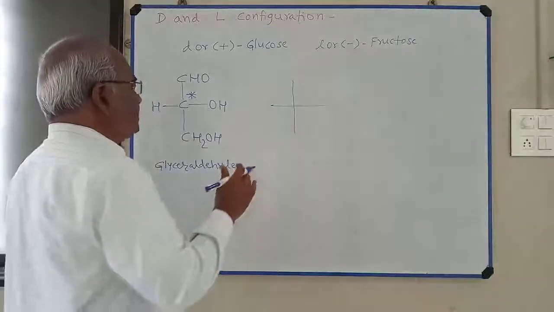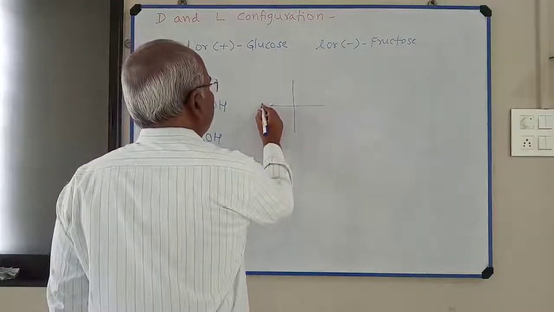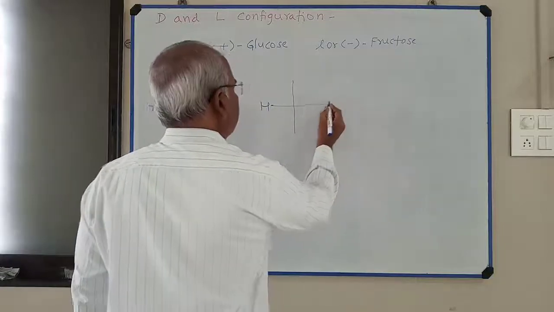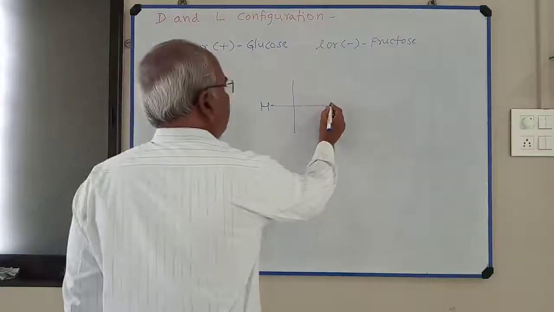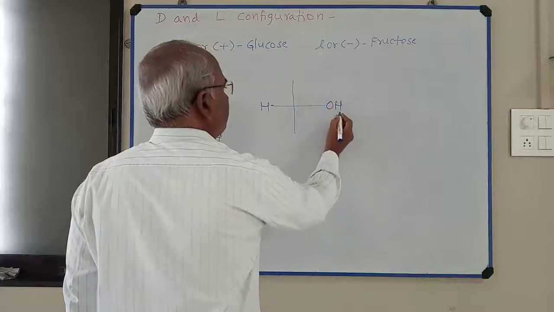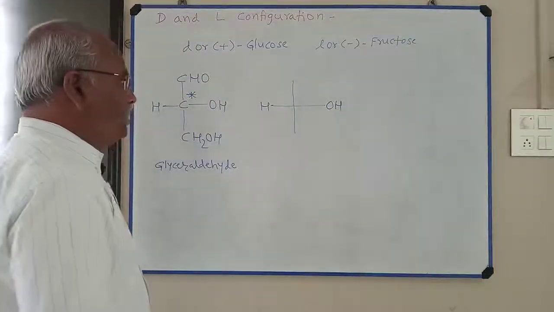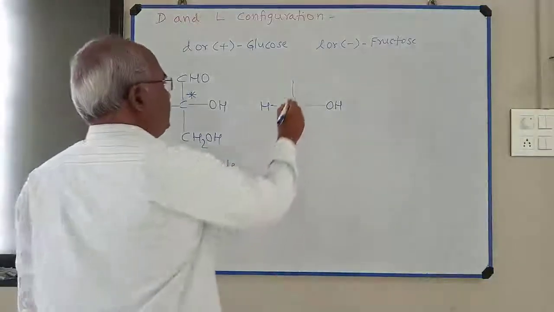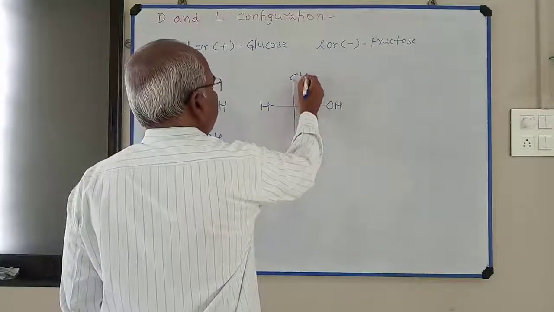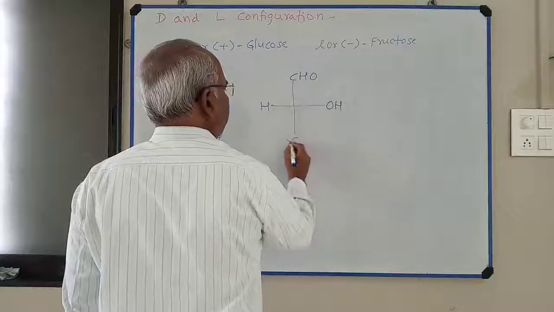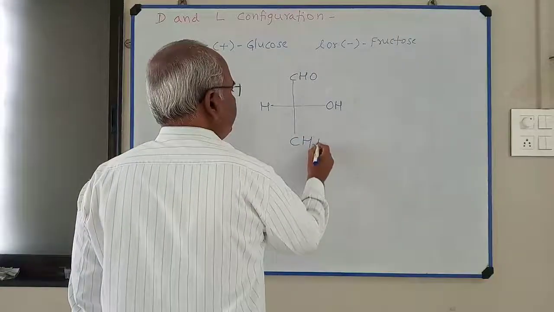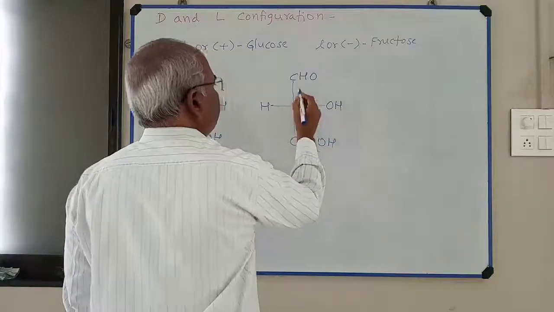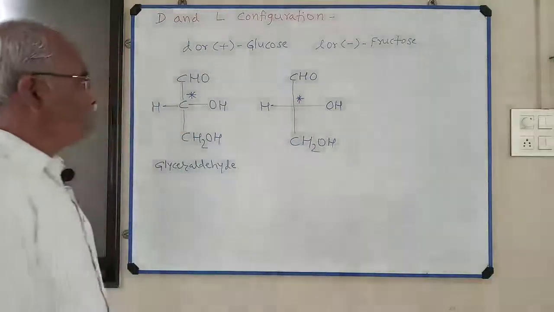So here the bonds coming out of the page I represent H and OH. The bonds going behind the page are CHO group and CH2OH. This carbon is asymmetric carbon atom.